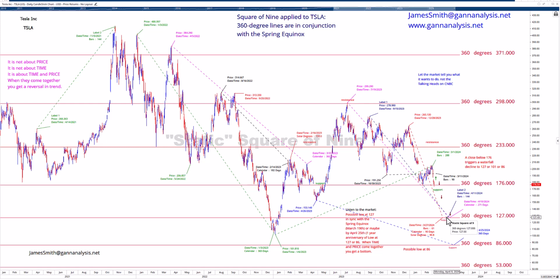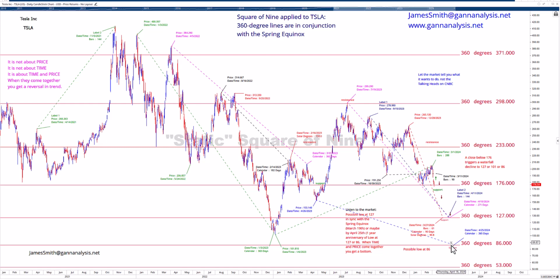That's a time and price setup for a reversal. That gives you more confidence to buy Tesla, knowing that if time and price are in alignment, you've got a better chance that it's going to reverse for real. And you know where your stop loss is. It would be just below 127.